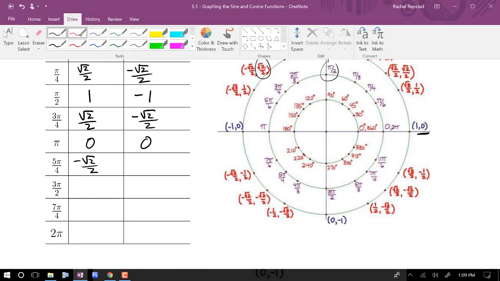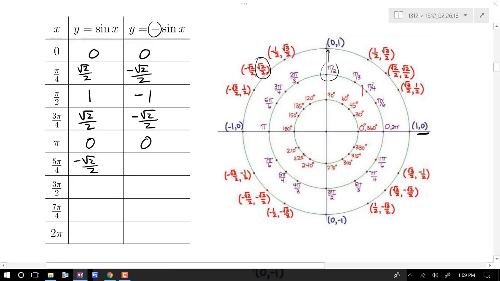Here's pi over 4 with these coordinates, and here's 3 pi over 4 with these coordinates. Sine is the same, the y coordinate is the same. We're only tracking the y coordinate. It's not like we're doing sine and then cosine. What we're doing is sine and then minus sine. So we actually don't care at all about the x coordinates in this. Does that help? Okay.